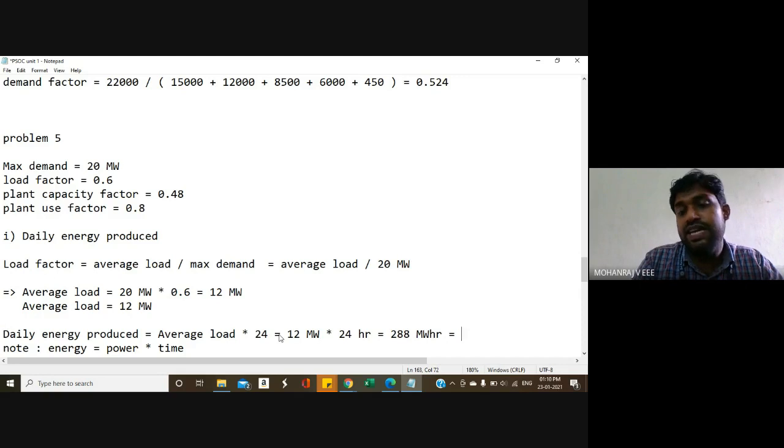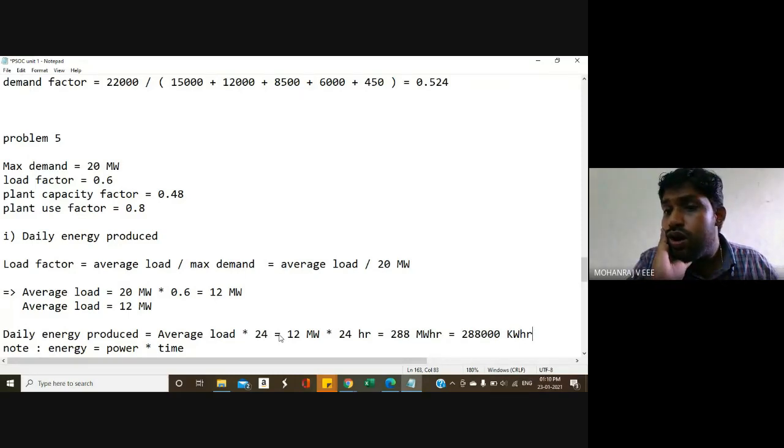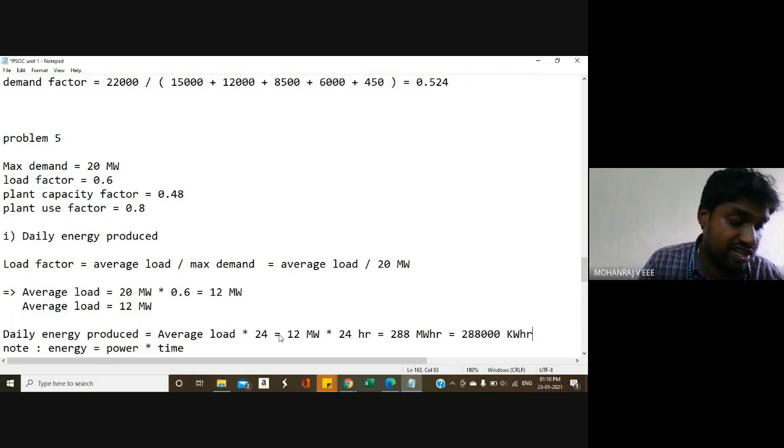It can be converted to kilowatt hour if you want. 288 with three zeros gives kilowatt hour. This is your daily energy produced: 288 megawatt hour or 2,88,000 kilowatt hour. 1 kilowatt hour is 1 unit. Fine.